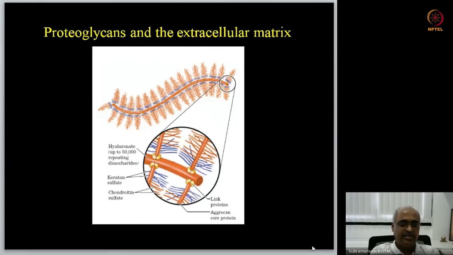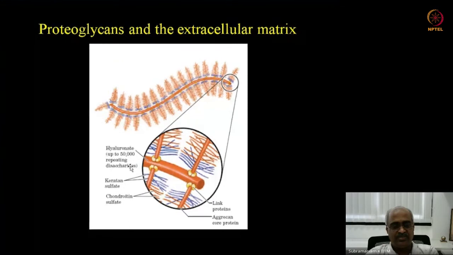So there are certain more situations where the extracellular matrix contains a really humongous molecule, where, as you already learned, hyaluronic acid can have as many as 50,000 repeating disaccharides, meaning 100,000 monosaccharides. Okay, a long chain. So these are uronic acid.